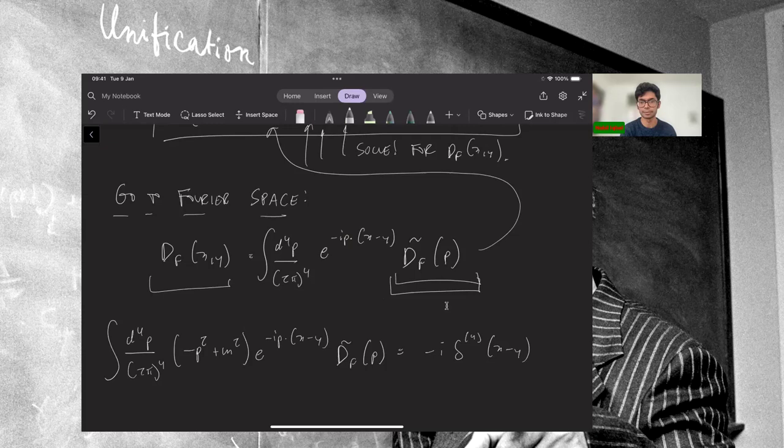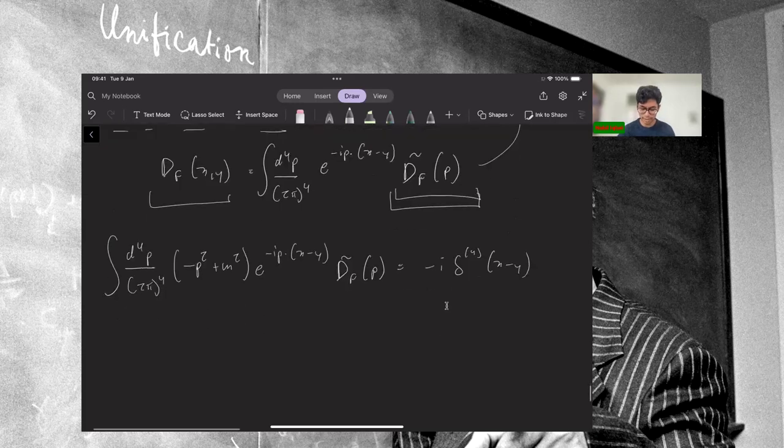Okay. And now we want this to be −i times the delta function δ⁴(x−y). That will happen if we are Fourier transforming a constant. At the moment, we're not Fourier transforming a constant because this is p² + m² here.